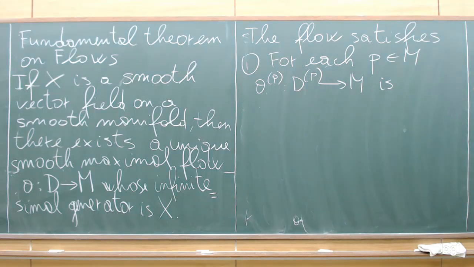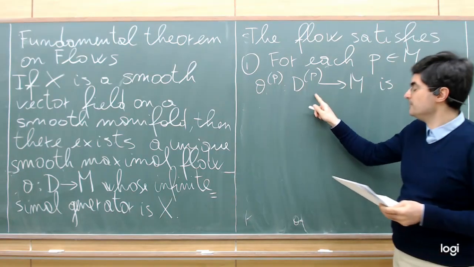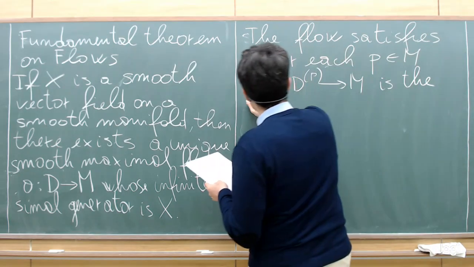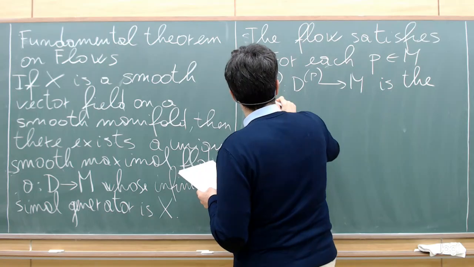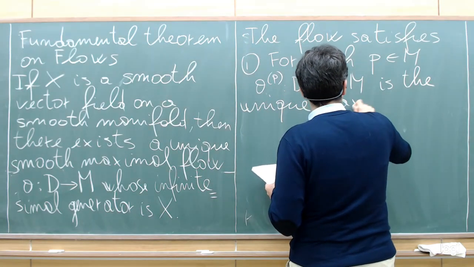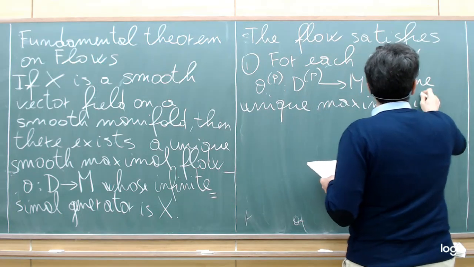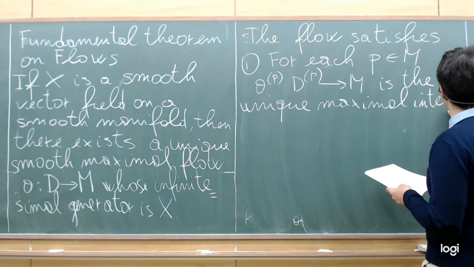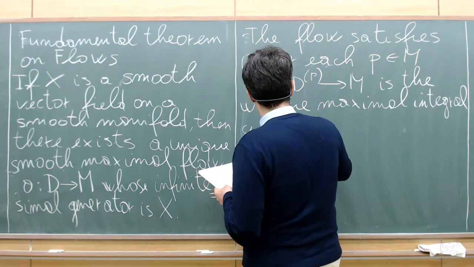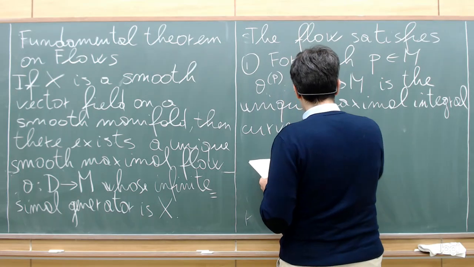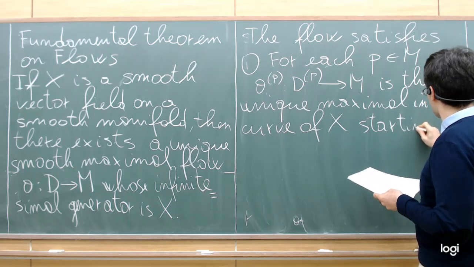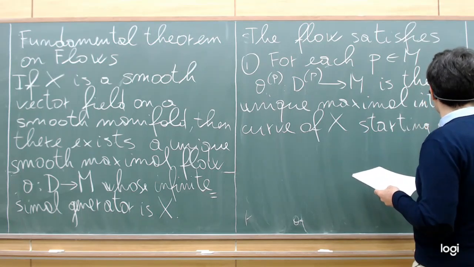It was not clear from the definition. This is a curve which has the property to be the unique maximal integral curve of X starting at p.